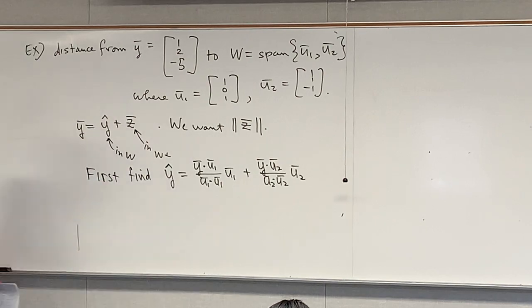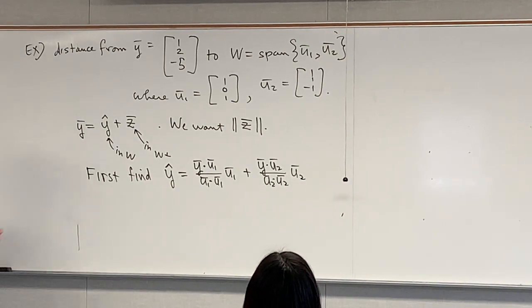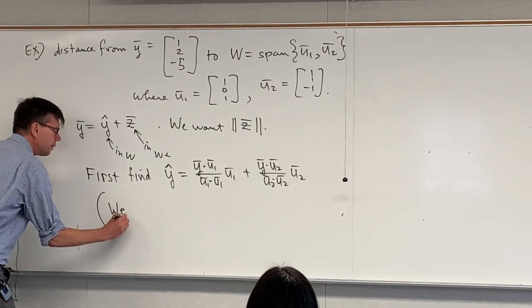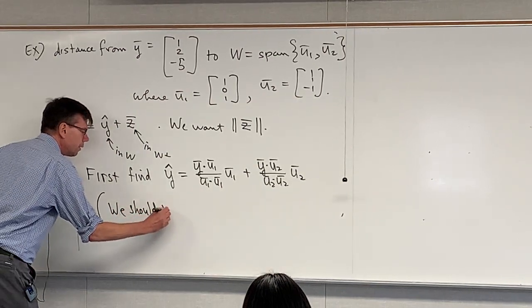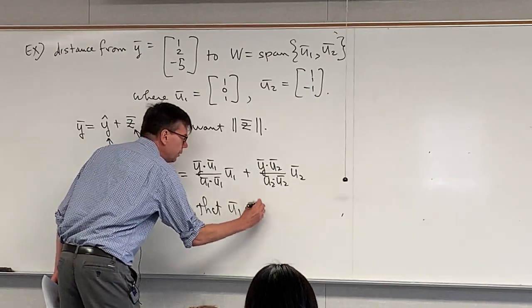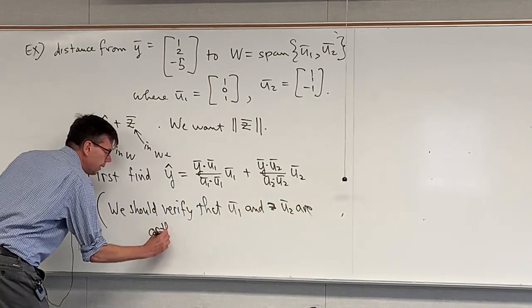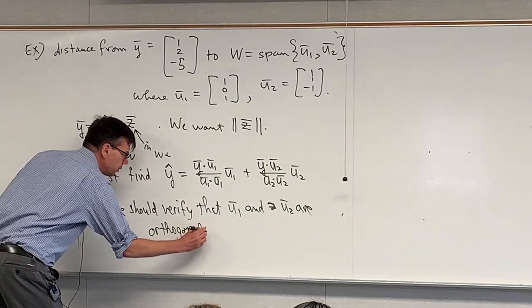And of course, if W were a three-dimensional subspace, if there were a u1, u2, and u3, there would be three terms to that expression for y hat. Four-dimensional would have four terms. I guess we should verify that u1 and u2 are orthogonal. Or we can't even do this. And if they're not, I'm in big trouble.